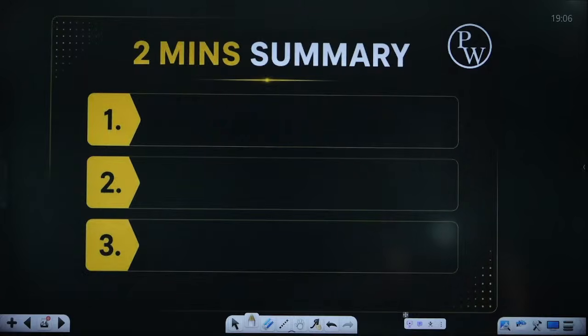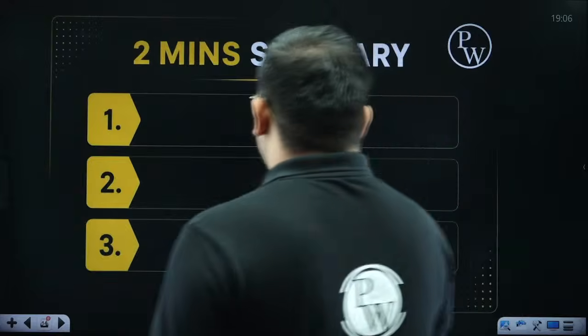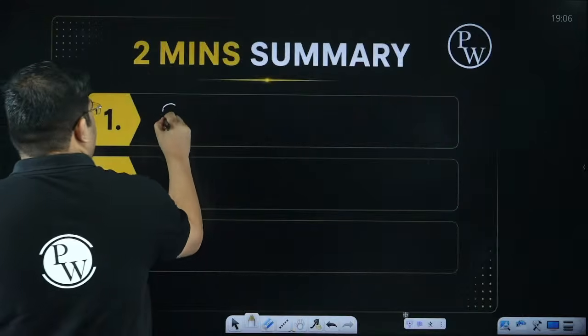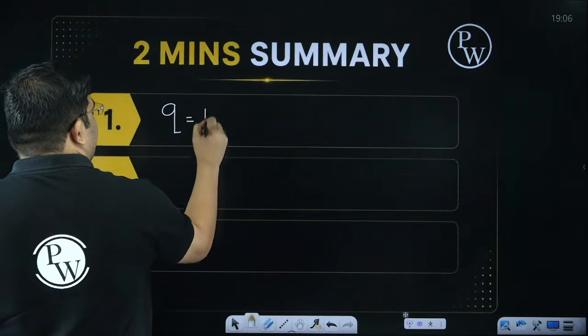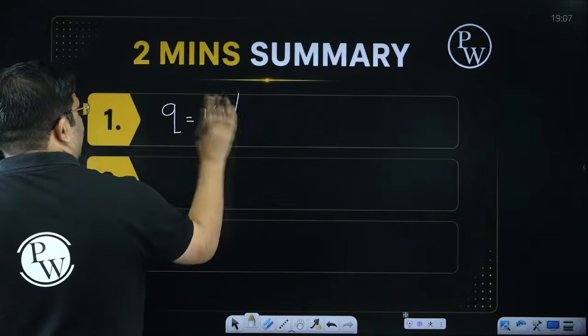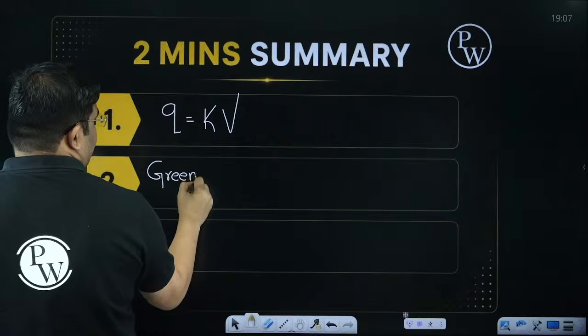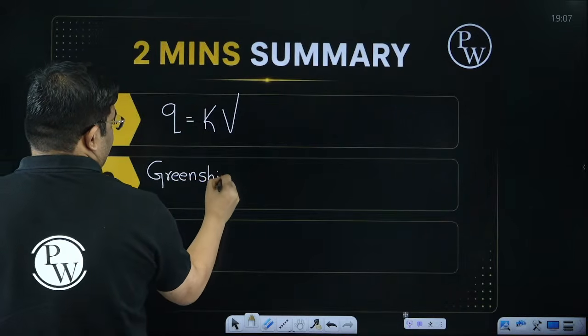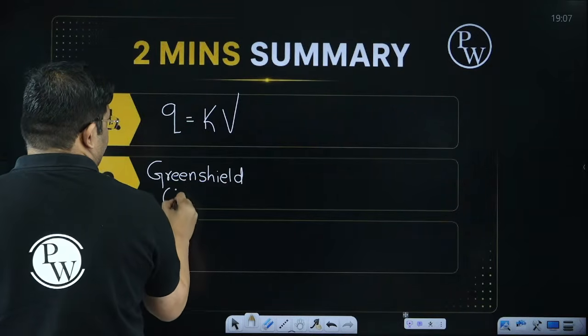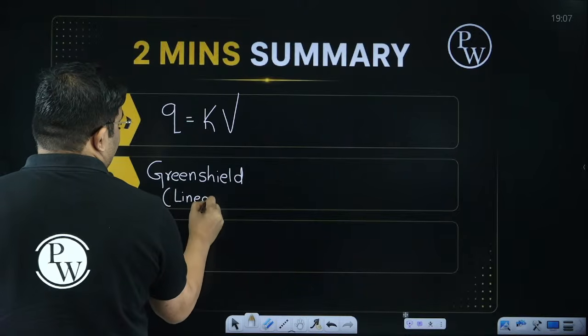Already last year they asked a question on Greenberg. They can again ask on Greenberg or Greenshields. So we saw that the fundamental relationship in any model is Q is equal to K into V. Then there are two prominent models. One is Greenshields, which is the linear model.